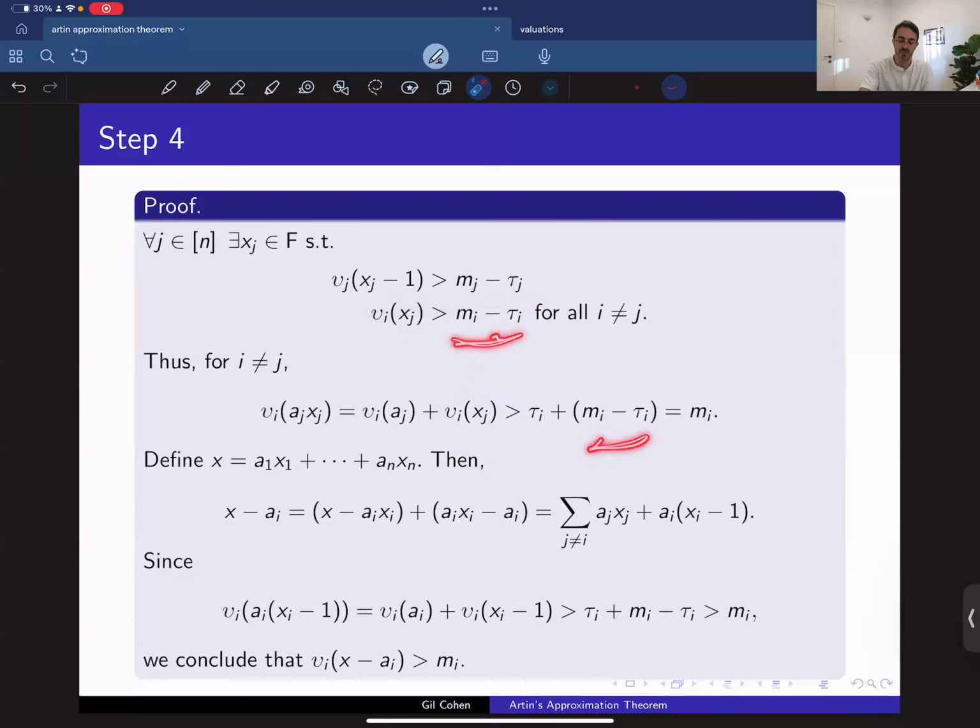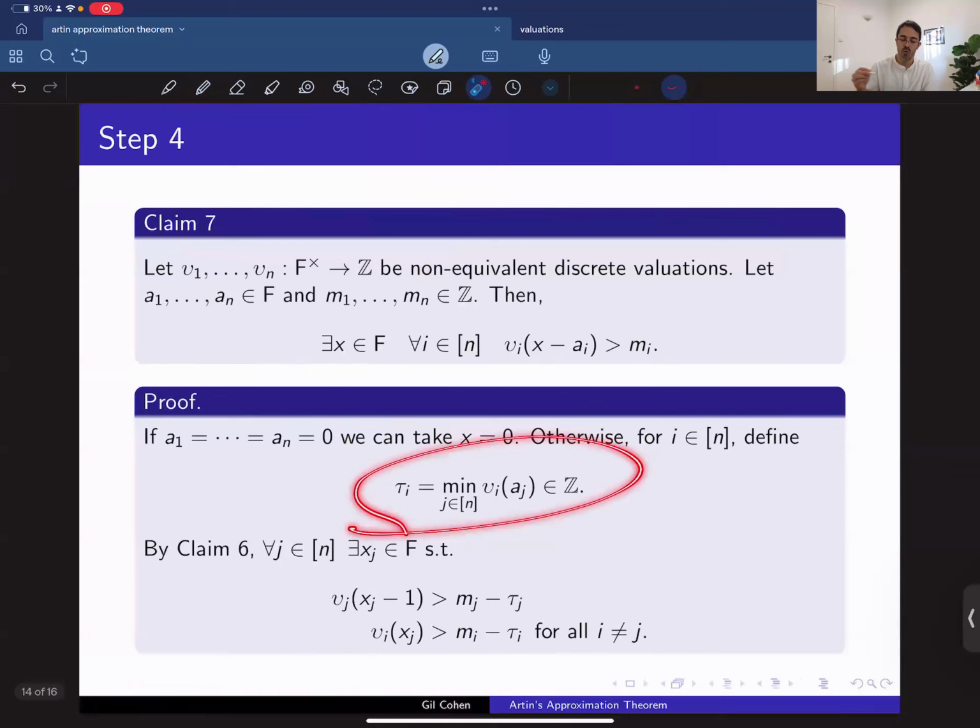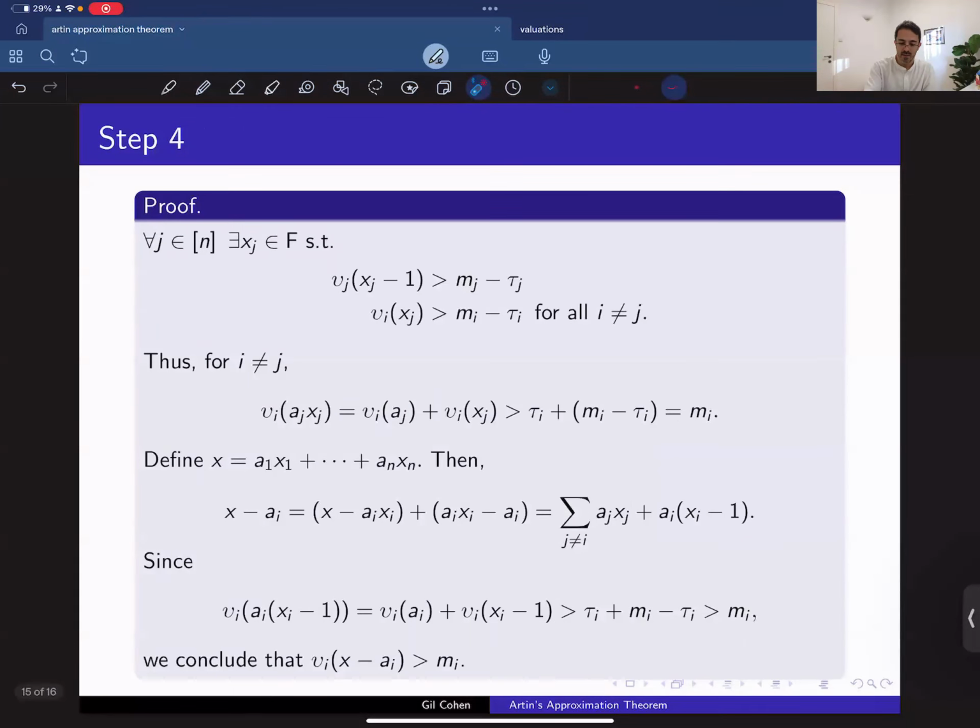That's because of the way we defined the xj's. And tau i, if you remember, was defined as the minimum where you go over all possible j's and take the i valuation on the aj. And this is just one of the elements that compete for the minimum, so tau i is smaller or equal to that. So you get that the j summand of x, according to vi, is strictly larger than mi, which hints about why we chose this prescribed value when we applied the previous claim.